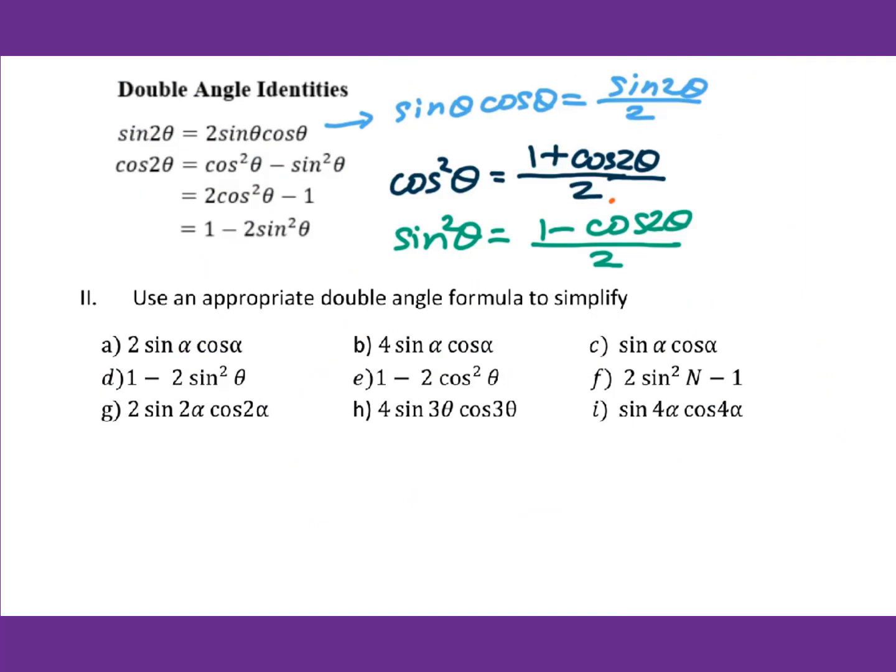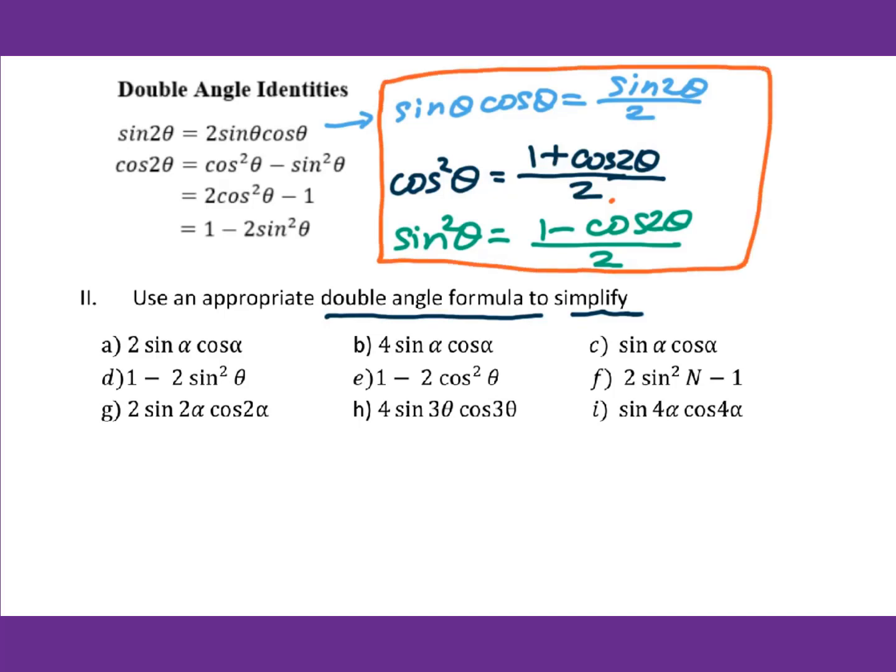Use an appropriate double angle formula to simplify. When you simplify the following trig functions, you need this formula. Basically, it's backwards of double angle.